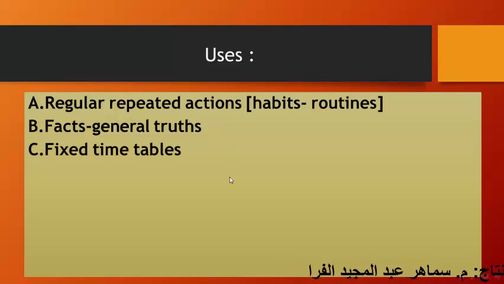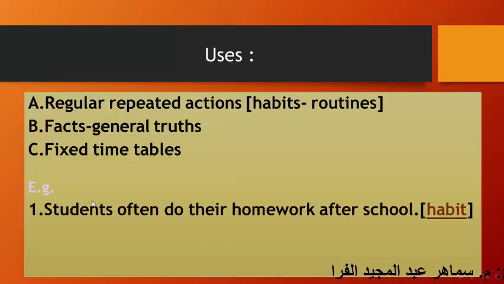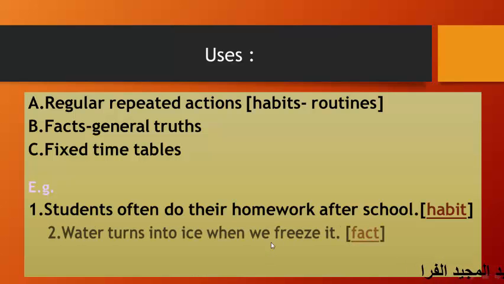And here we have an example for each use. Number 1, students often do their homework after school. It's a habit. Every day students do their homework, and so this sentence describes a habit, and this is the first use of present simple tense.